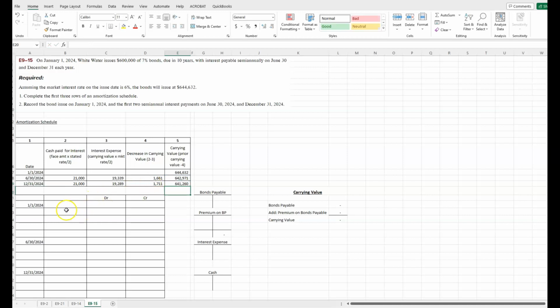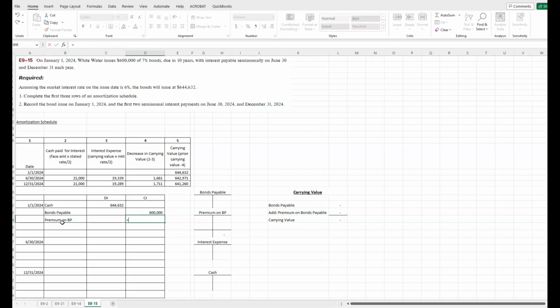Okay, now the journal entries that go with that. Cash, bonds payable. So cash we got 644,632. Bonds payable, we have to pay back 600,000. The difference is called a premium on bonds payable.